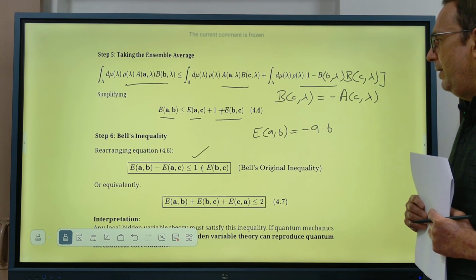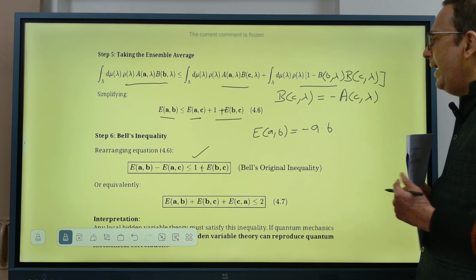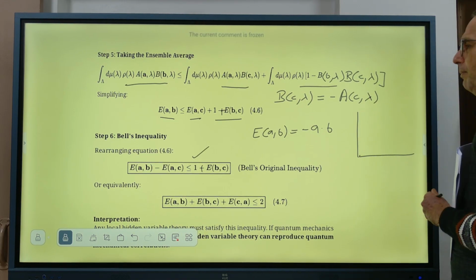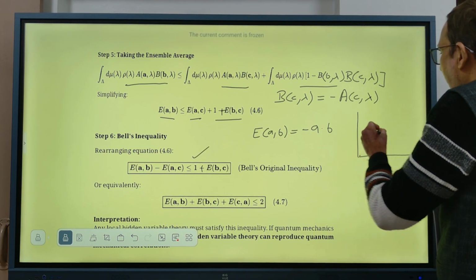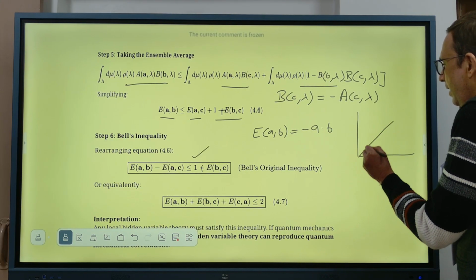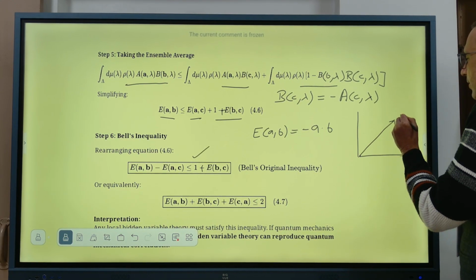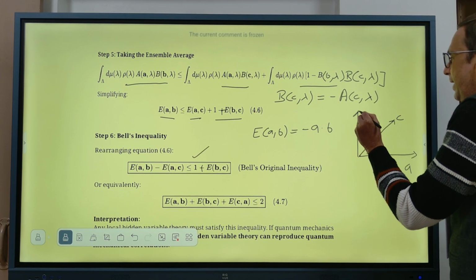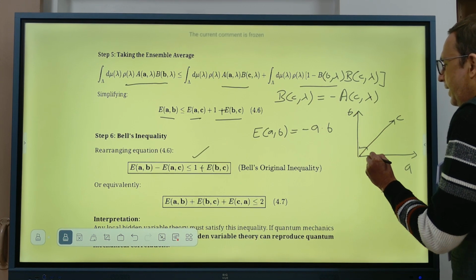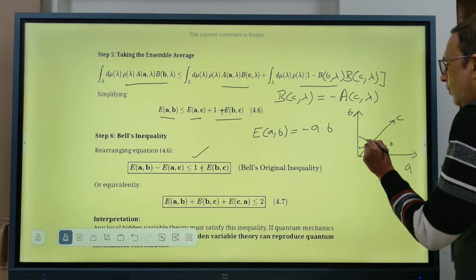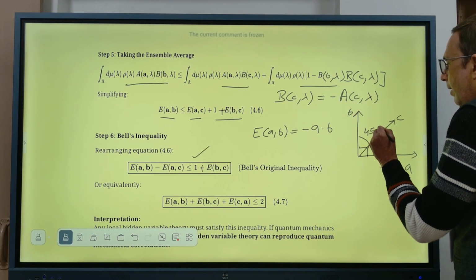So let us say we have three directions: A here, C here, and B here. This is 90 degrees, this is 45 degrees, and this is also 45 degrees.